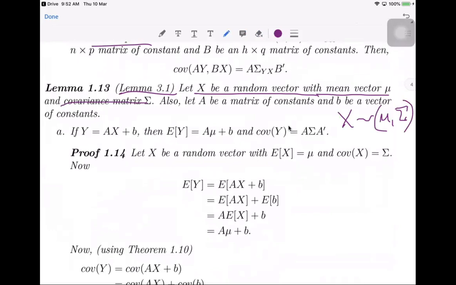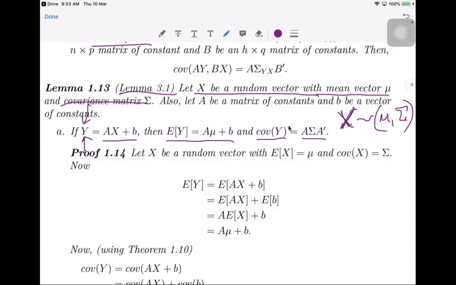A is a matrix of constants and B is a vector of constants. And then we do a transformation of X, and we denote it by Y. So the transformation of X denoted by Y will be AX plus B. According to Arnold, the expectation of this transformation Y is A mu plus B, and the covariance of Y will be A sigma A prime.